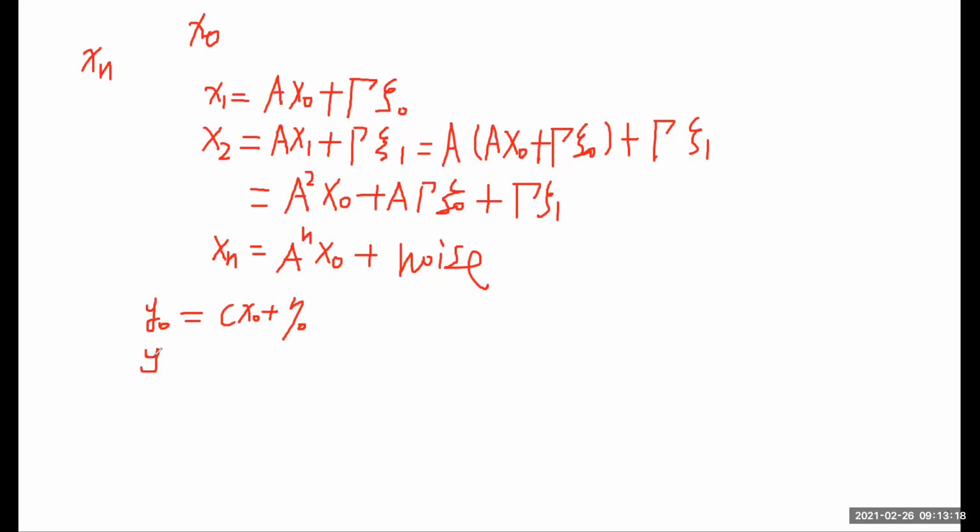Then y1 is C x1, and using this expression, it's C A x0 plus C gamma c0 plus eta 1. So this part is C x1, then eta 1.